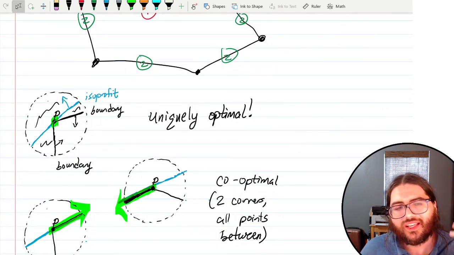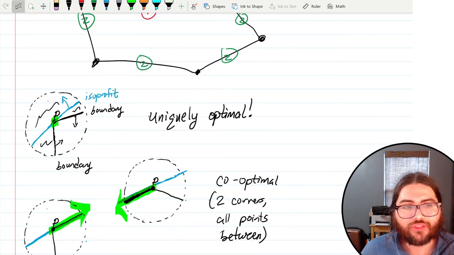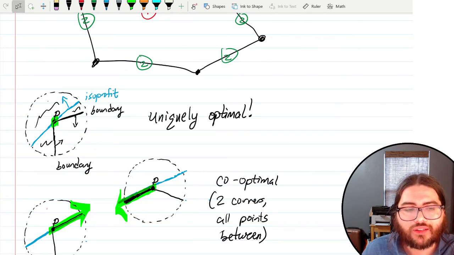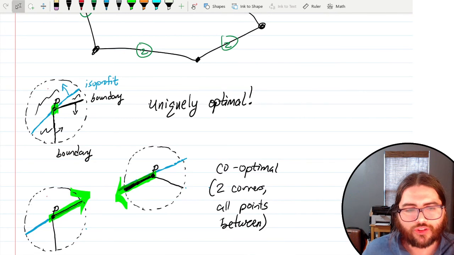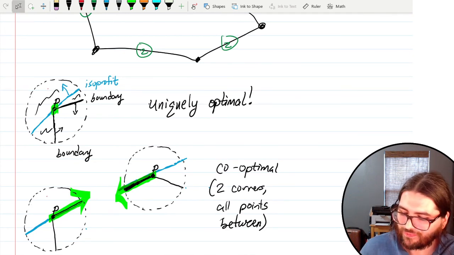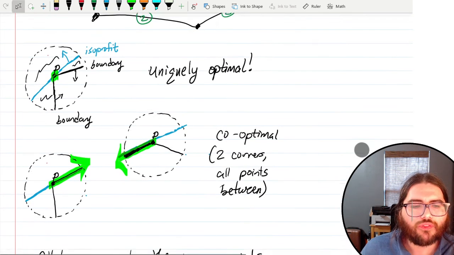Because again, it depends on the isoprofit line. If the isoprofit line is perfectly aligned with one of the boundaries, then you'll have the co-optimal case. If the isoprofit line is not perfectly aligned with any of the boundaries, you'll have a uniquely optimal point. And so I couldn't draw the same line in both of my pictures. But you can make all of that work, right?